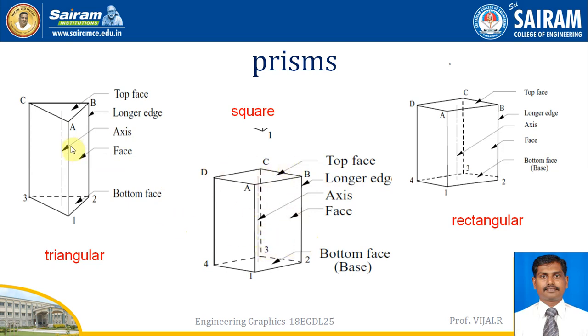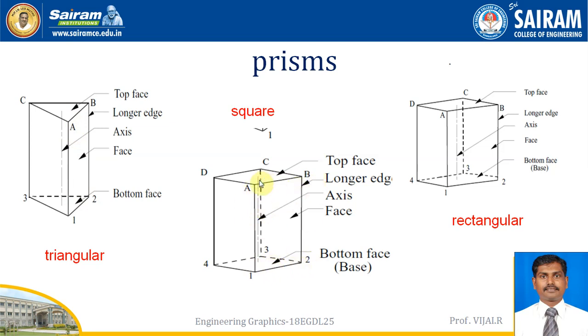An axis will be there for every prism exactly at the center, and the side faces are square or rectangular faces.